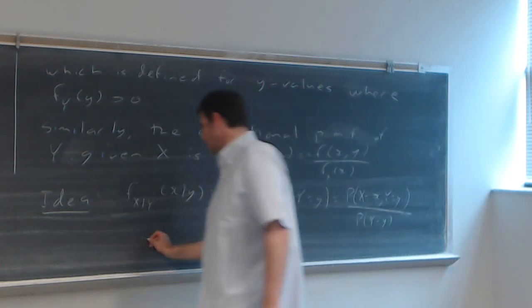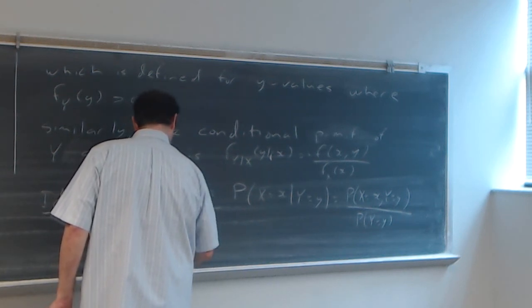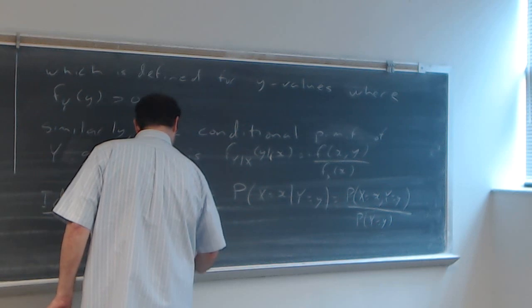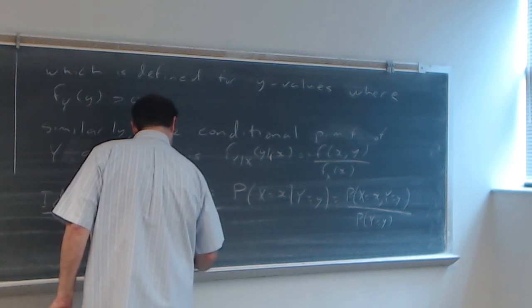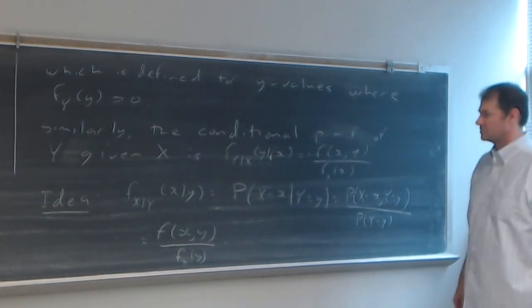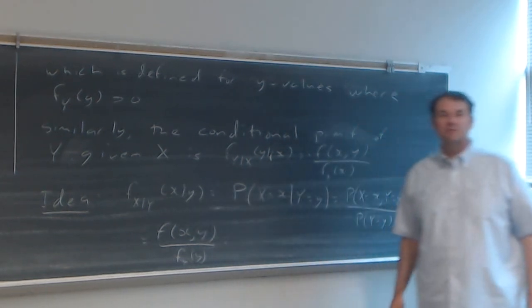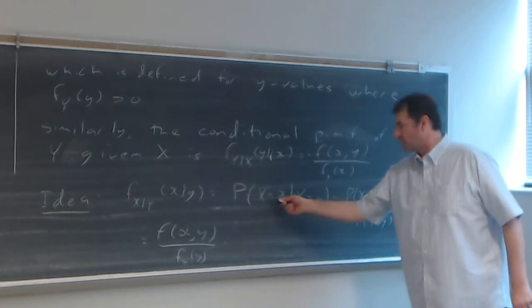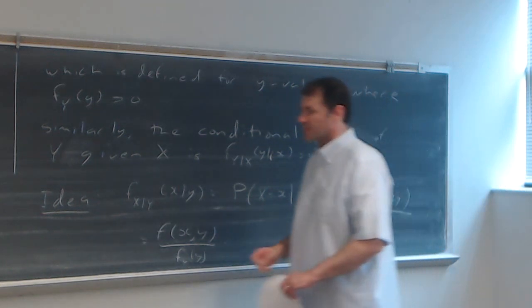That is equal to, if you know the joint PMF, f of x comma y, and the bottom, the probability that Y is equal to y, is nothing more than the PMF of Y evaluated at y. That's what motivates the definition: the conditional PMF gives you the probability that X equals x, given that Y equals y.